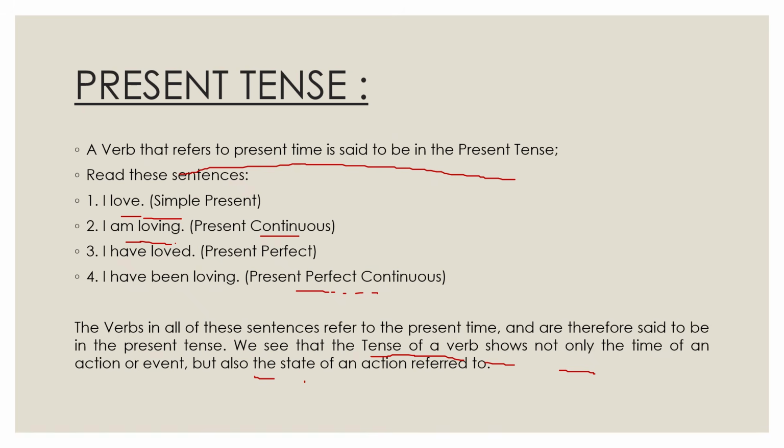I have loved, that means you have loved that person. That is present perfect, it just happened just now, or in the recent past. And I have been loving, so you started loving in the past and you're still continuing loving that person. That means it is present perfect continuous.